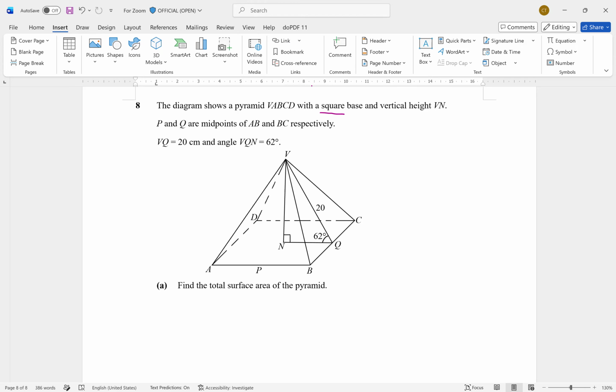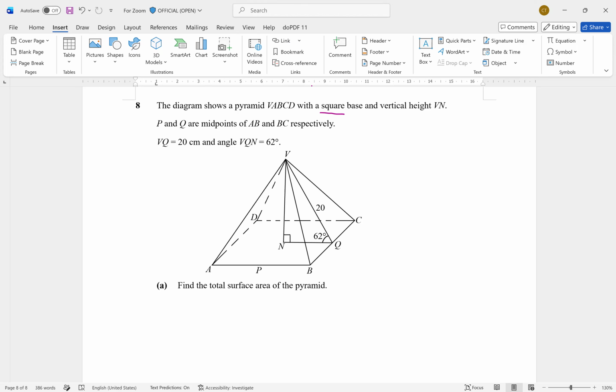So for part A of the question, the total surface area will consist of the four lateral surfaces, namely the front, back, left, and right surface, plus the base. We know that the base is a square, but we are not given the length of the side of the square. So one of the things we need to do is find the length of the side.